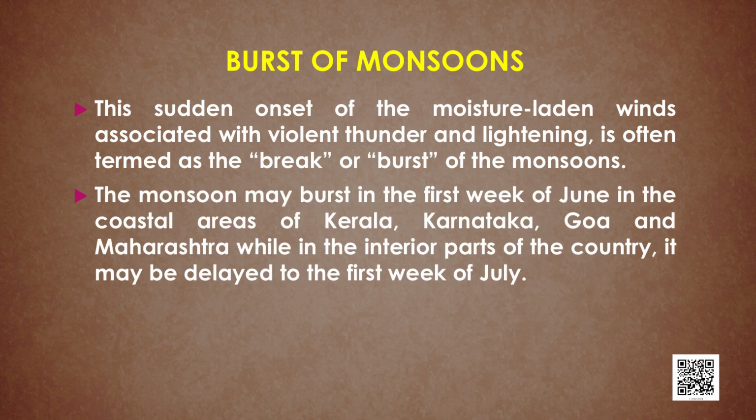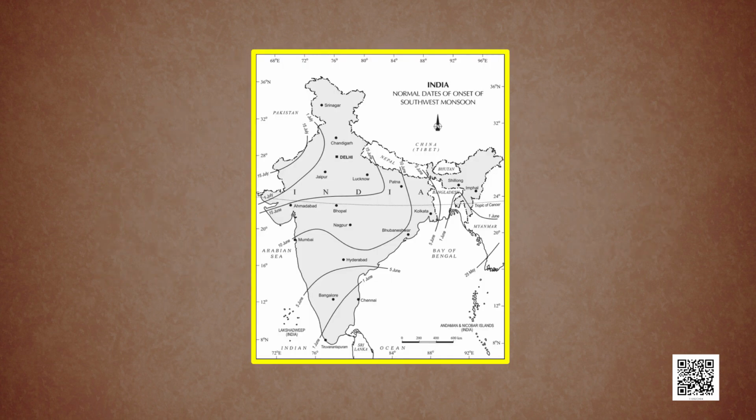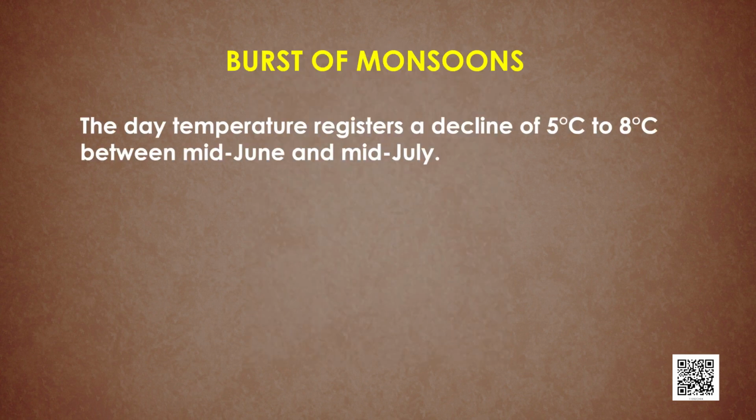The monsoons may burst in the first week of June in the coastal areas of Kerala, Karnataka, Goa and Maharashtra, while they keep on advancing towards the northern part and interior parts of the country. But they are delayed just because of the relief. The day temperature registers a decline of about 5 to 8 degrees between mid-June and mid-July.